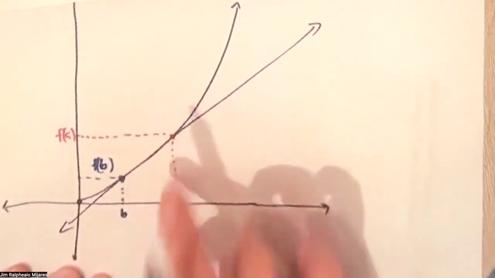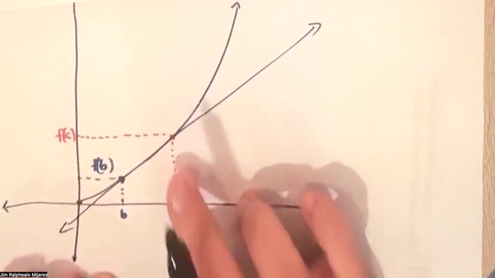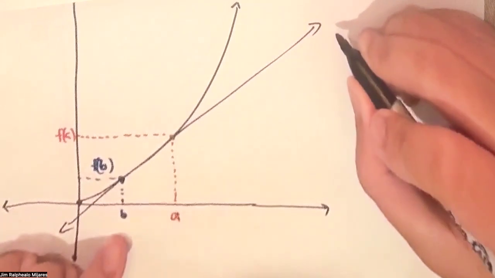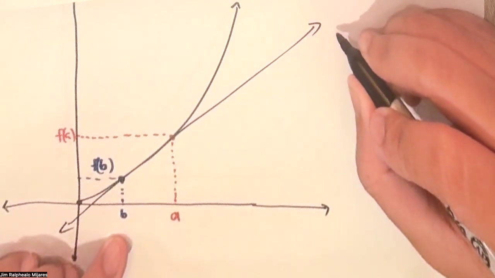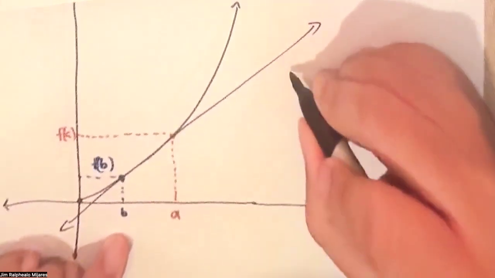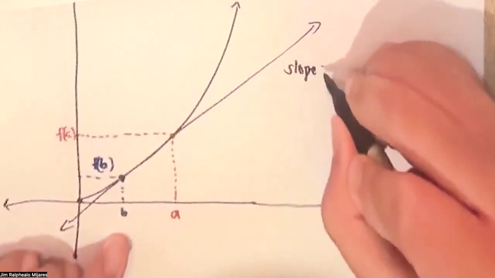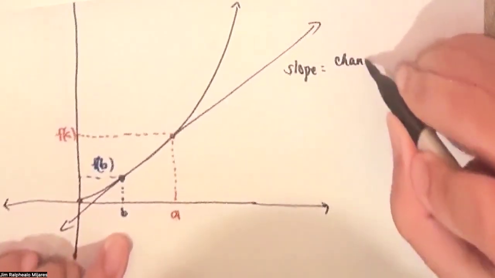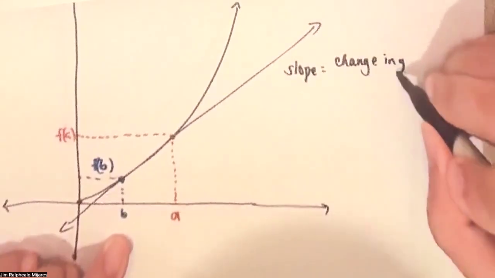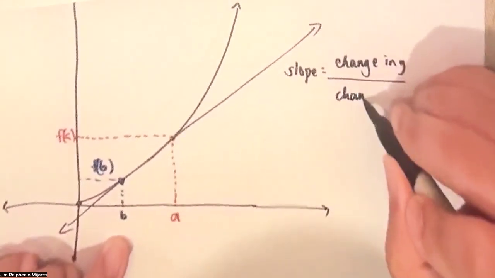Now, for this particular line right here, we can calculate its slope. How do we calculate its slope? Again, slope is equal to change in y over change in x.